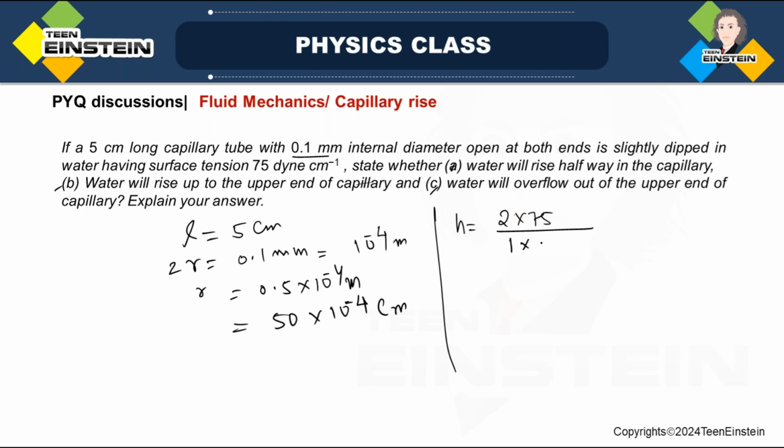R is given as 50 into 10 to the power minus 4. G, we have to take 980, and contact angle 0. Okay, 981 it is taken.